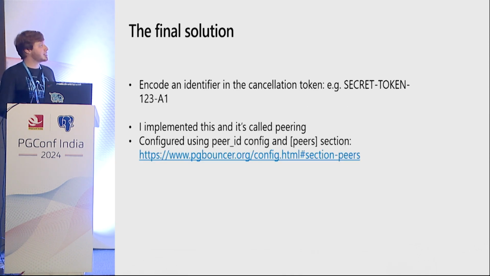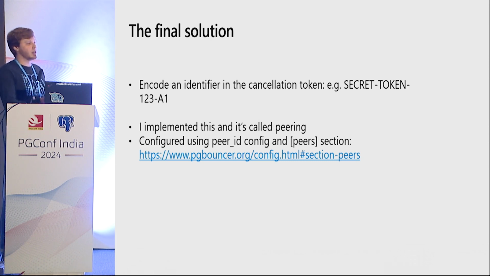So that has a quite simple and elegant solution. It's to encode an identifier into this secret token, so that based on the contents of the token, PgBouncer knows where to forward it. So instead of having just secret token 123, we will include the identifier of A1 into this token.